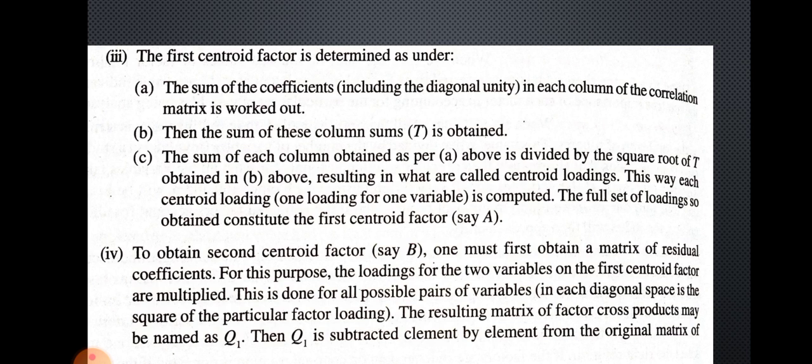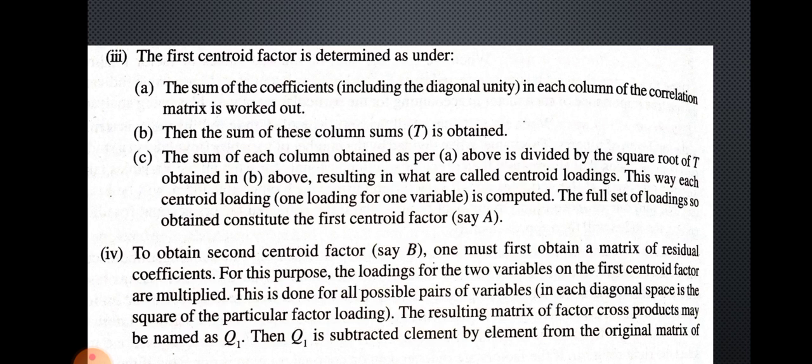C. The sum of each column obtained as per A above is divided by the square root of T obtained in B above, resulting in what are called centroid loadings. This way, one loading for each variable is computed. The full set of loadings so obtained constitutes the first centroid factor, say A.